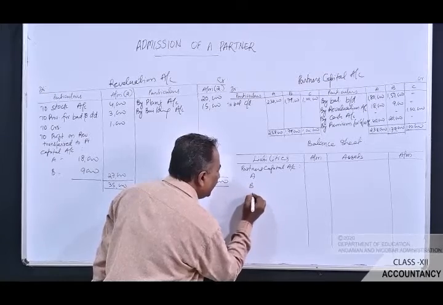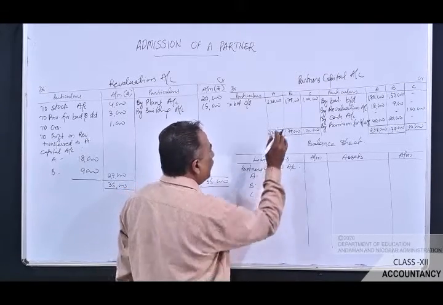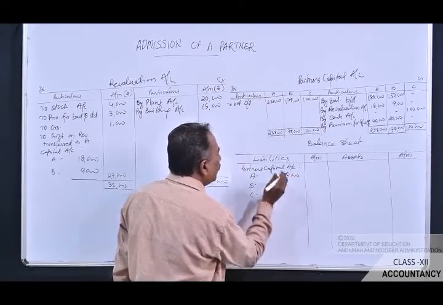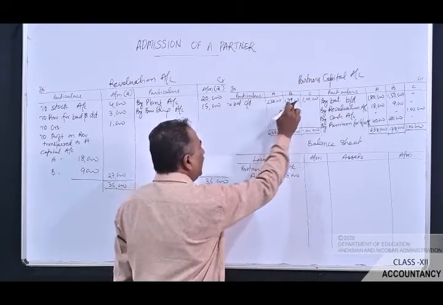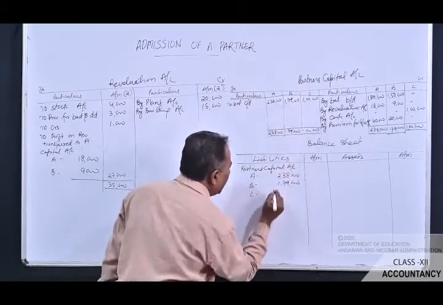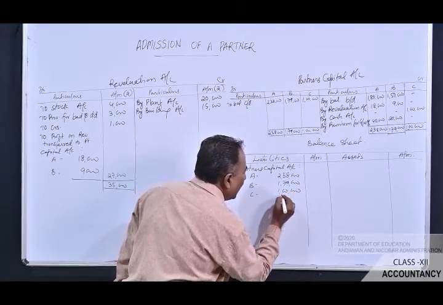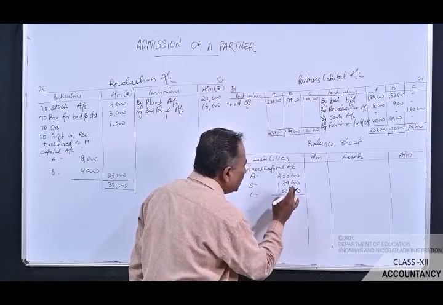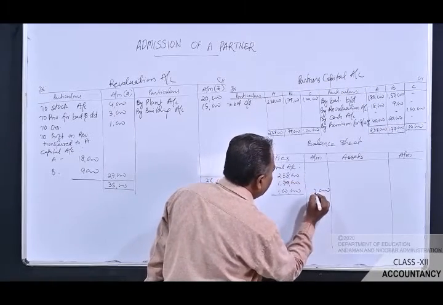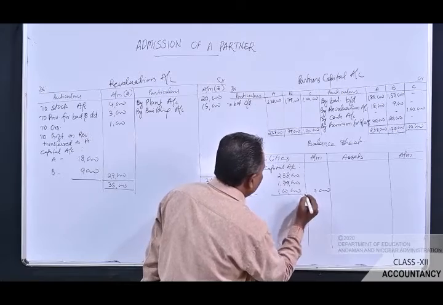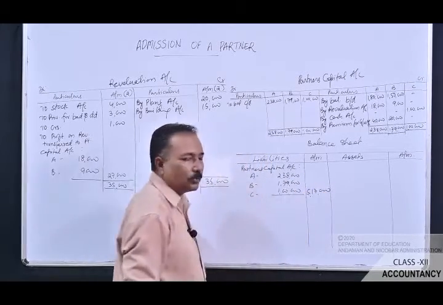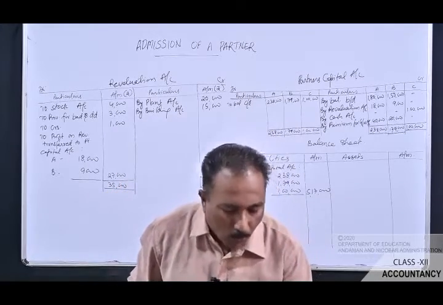So A, B and C. Write down the amount, and it is rupees 2,38,000, which is the closing balance for A's capital, and rupees 1,79,000 in B's capital, and rupees 1 lakh in C's capital. Total all these three amounts and take it to the outer column. It is 5,17,000. Now let's pass on to the old balance sheet.